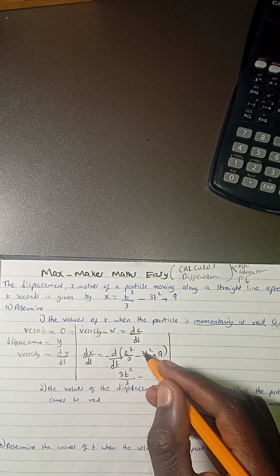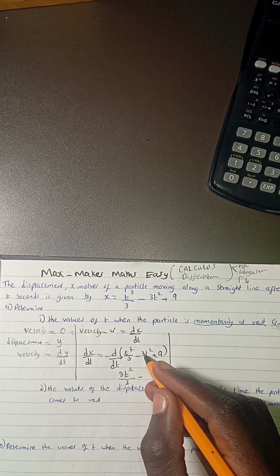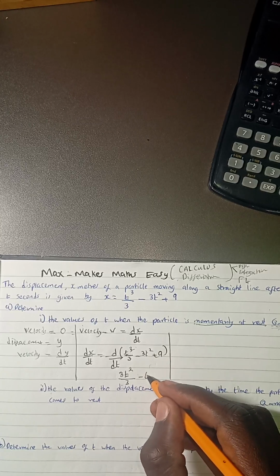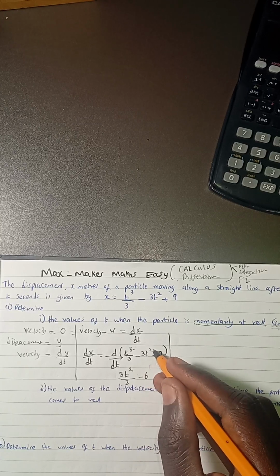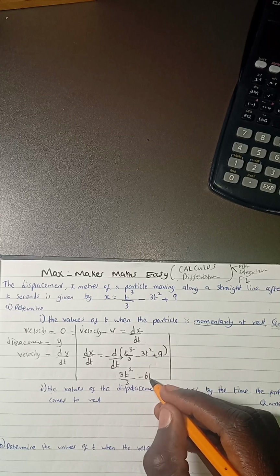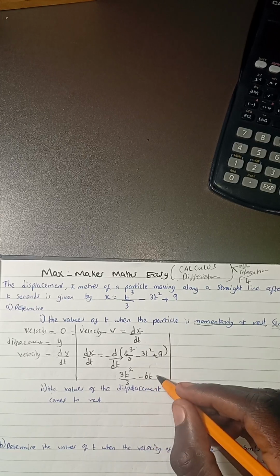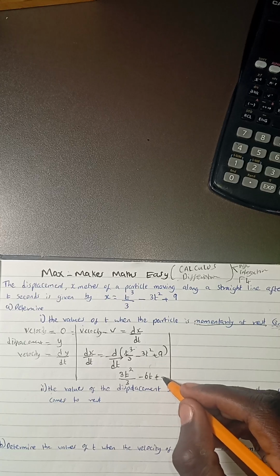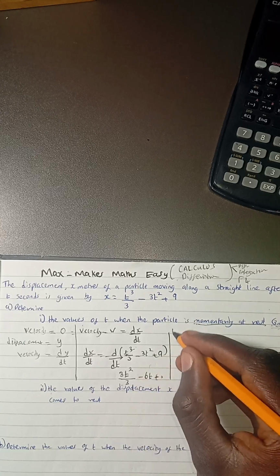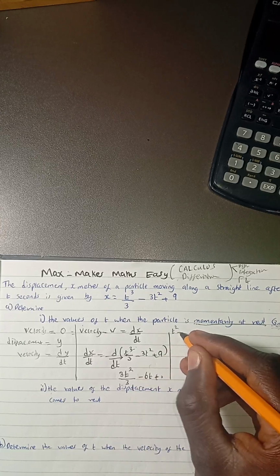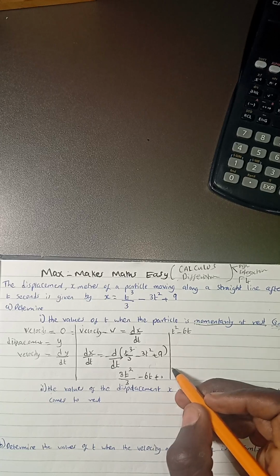Minus, we do the same, we multiply the power with the coefficient, it will be 6, then we subtract 1 from the power to be t. If it's a constant it becomes 0. So our answer becomes t squared minus 6t.